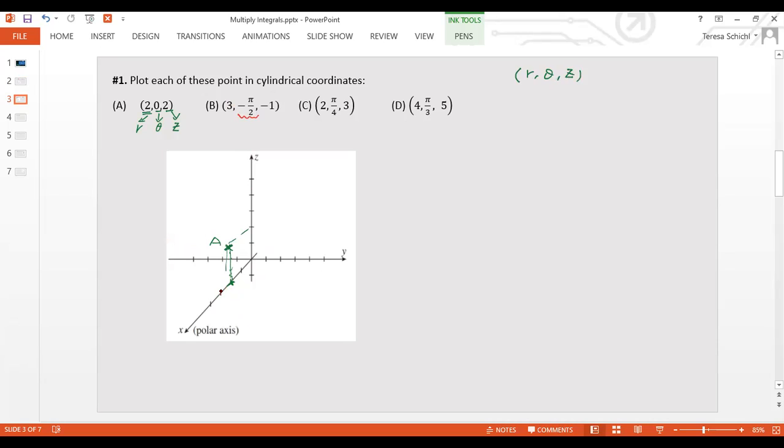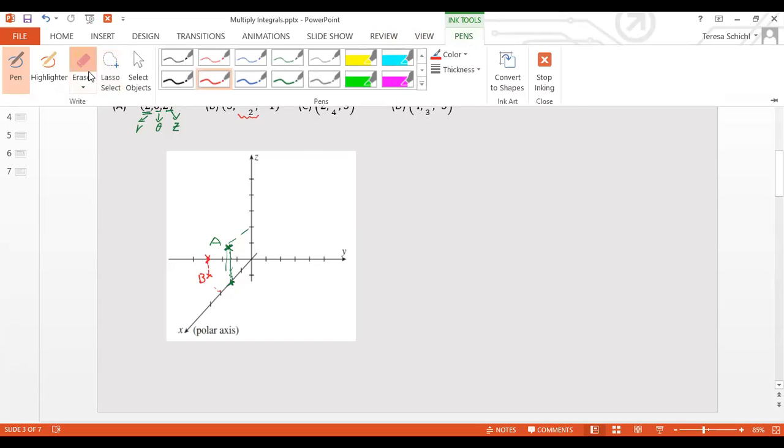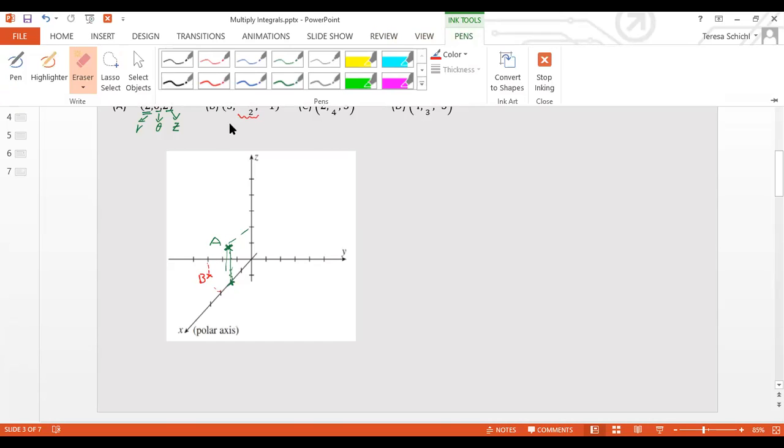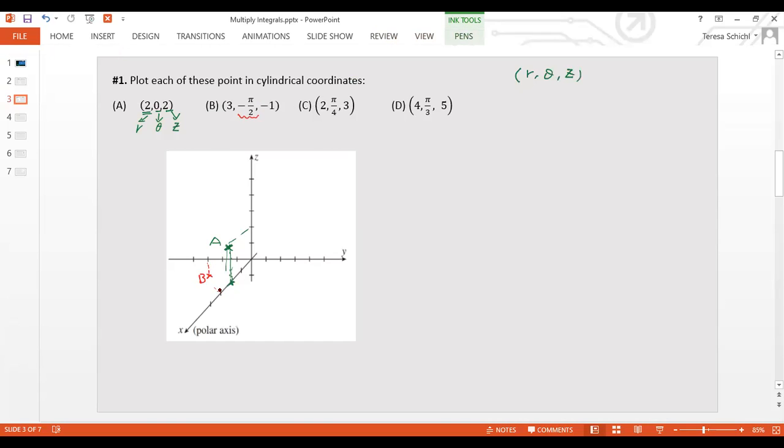So you come over here. It's 3, then go down 1. This is my B coordinate: this is the 3, then you swing to here, then you go down here. This is B.